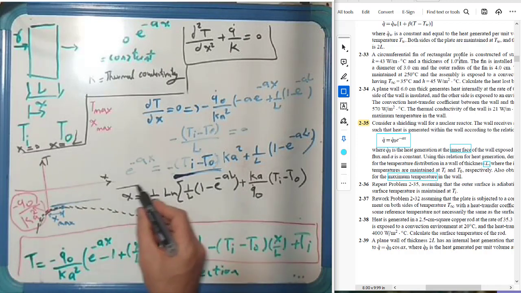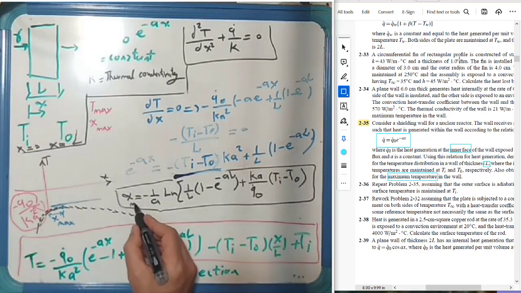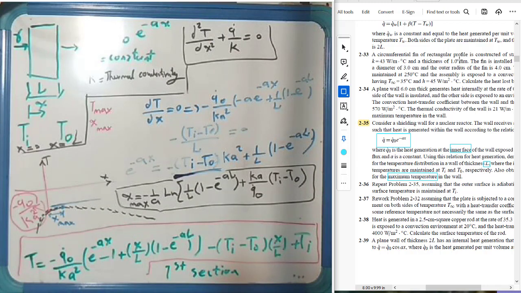This is our X, X max, better to say X max.